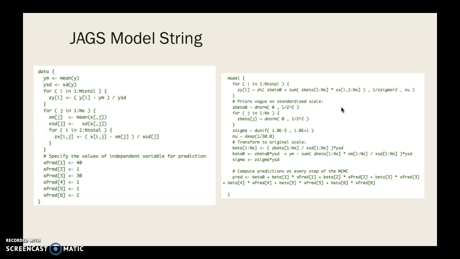There weren't any provided, and I couldn't think of a good way to come up with any expert priors, so I've stuck with normal priors, standardized the data, and then again come out with a prediction at the end, although again not all that important at this stage. But that's the model, the string that I've used in R and in JAGS.